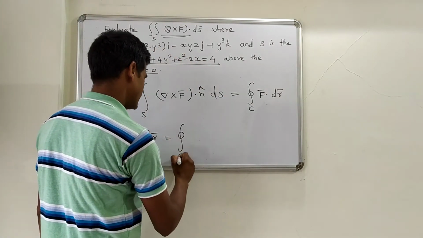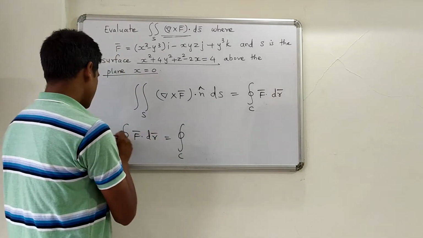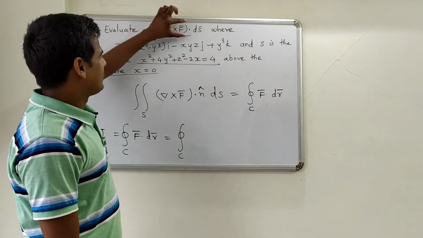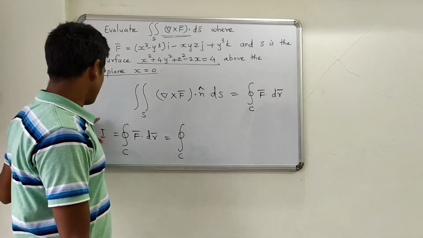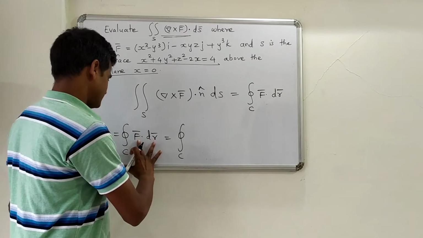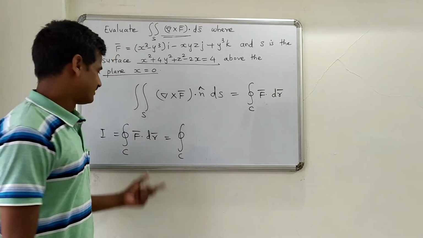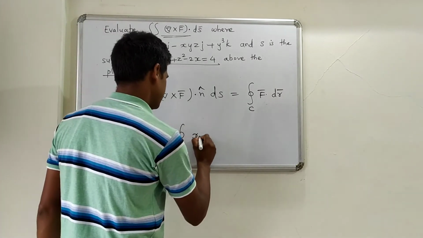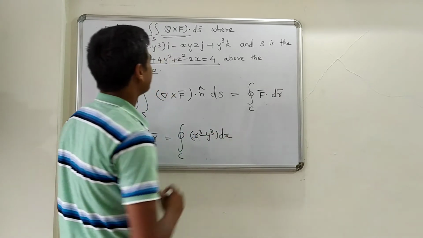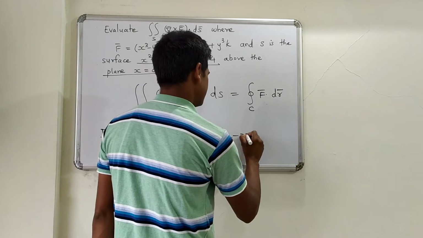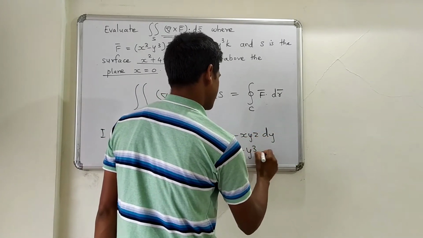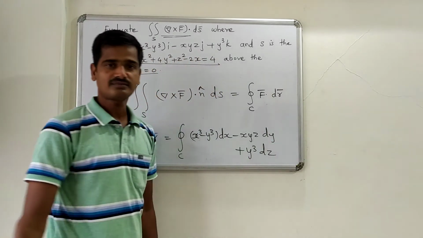Now I write I is equal to this, since we have to calculate the value of I. So I is the integral over closed curve C of (x cube minus y cube) dx minus xyz dy plus y cube dz.